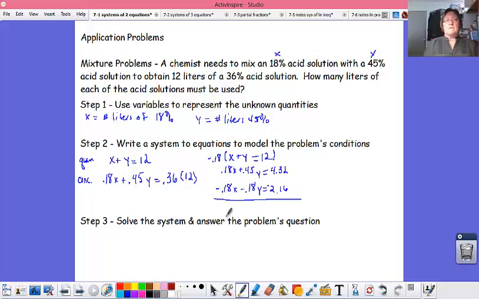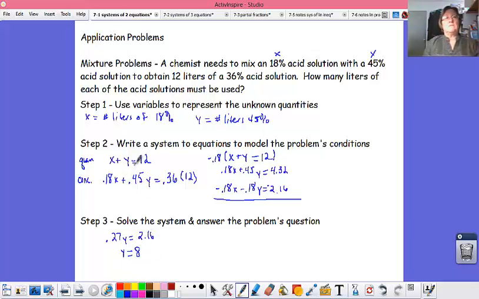The x's have gone, and we have 0.45 minus 0.18, so 0.27y will equal, doing the subtracting, 2.16. Dividing 2.16 by 0.27, y is equal to 8.